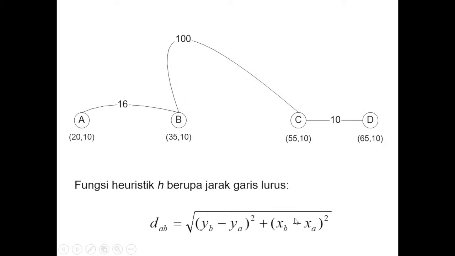There's a formula, for example the Euclidean distance, when we have coordinates x comma y going from point A to point B, small a and small b.